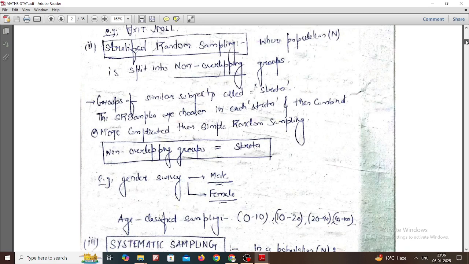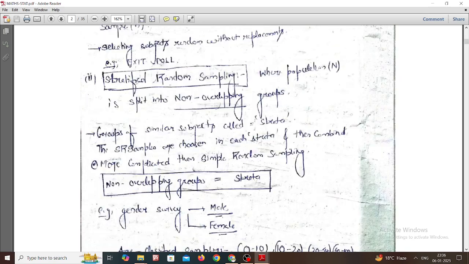Next, stratified random sampling, where population N is split into non-overlapping groups. Stratified means strata, layers. So groups of similar subjects are called strata. Stratified samples are chosen in each stratum and then combined. It is more complicated than simple random sampling.